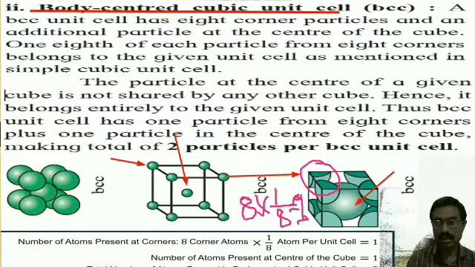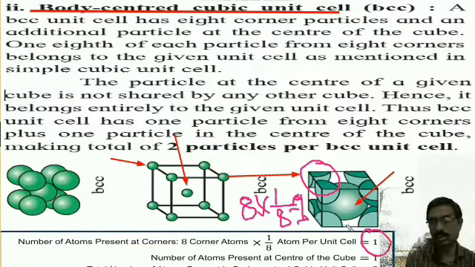The number of particles present at the corner is 1 and 1 particle is present at the center. The total number of particles in a body centered cubic unit cell is 2.